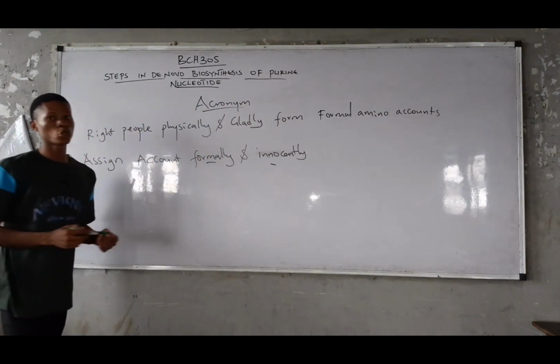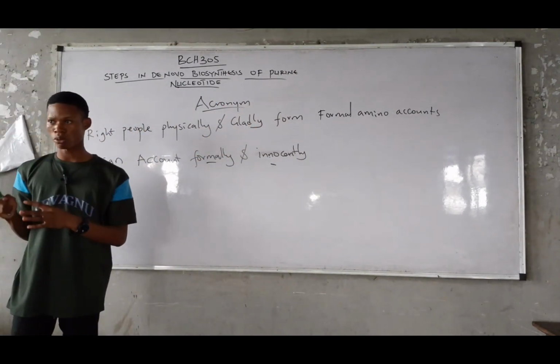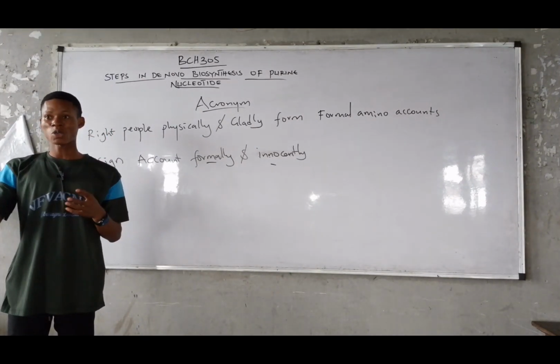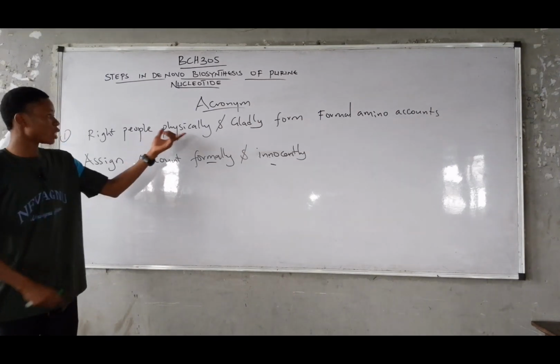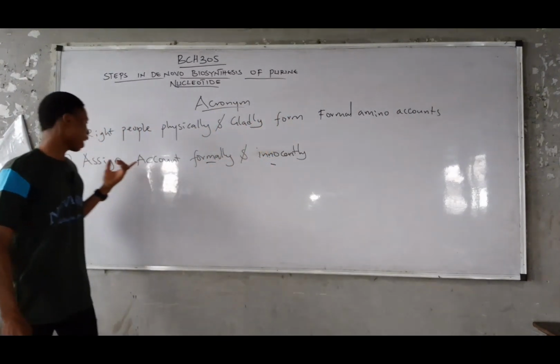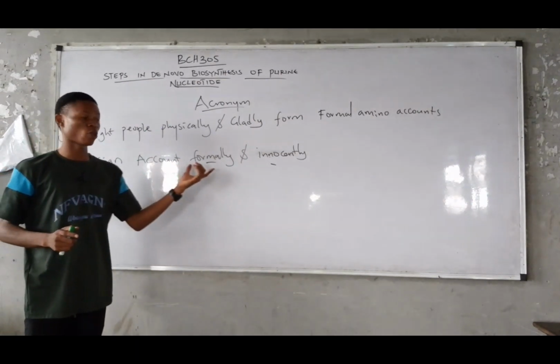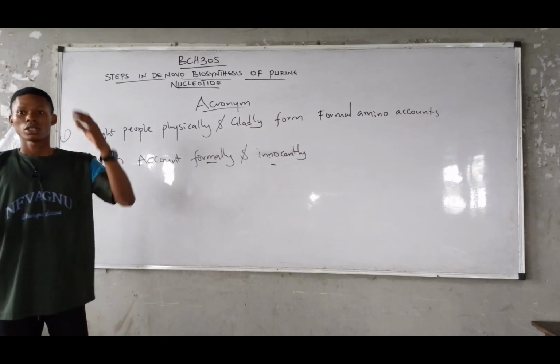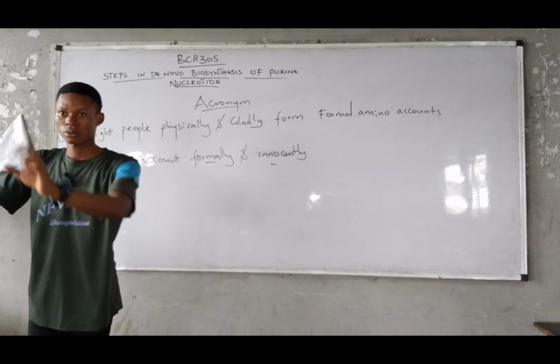So to use this acronym, just think of right people. The right people do two things. They will physically and gladly form formal amino accounts. And after doing that, they will assign accounts formally and innocently. Think of somebody working in the bank and think of yourself.